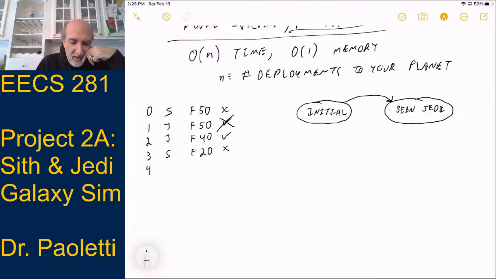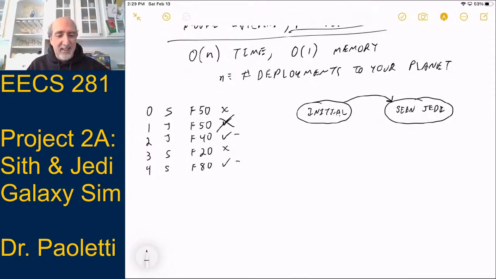Okay, so next time, time 4. Time 4, I get a Sith with Force 80. Is that interesting? Yes, it's very interesting because I now have a pair here. I've got a Jedi arrived at some point earlier. These could be all timestamped too. It wouldn't matter. But it's arrival first. So there was a Jedi arrived.